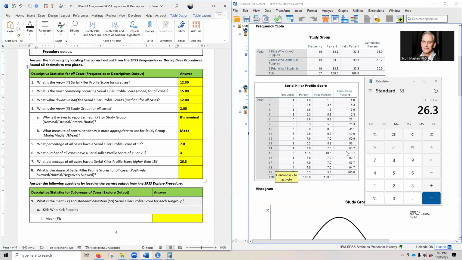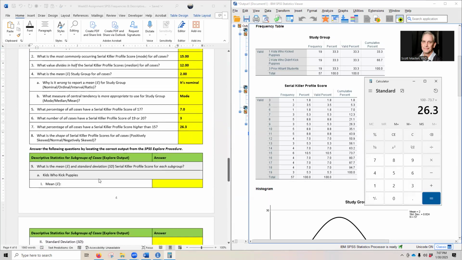We want to know what's higher than that, so you could just do 100%, the total sample, minus 73.7. That gives us the same answer, 26.3. Either way works.